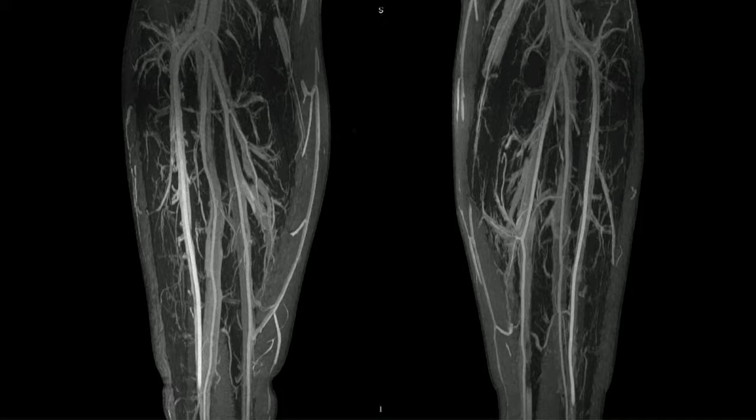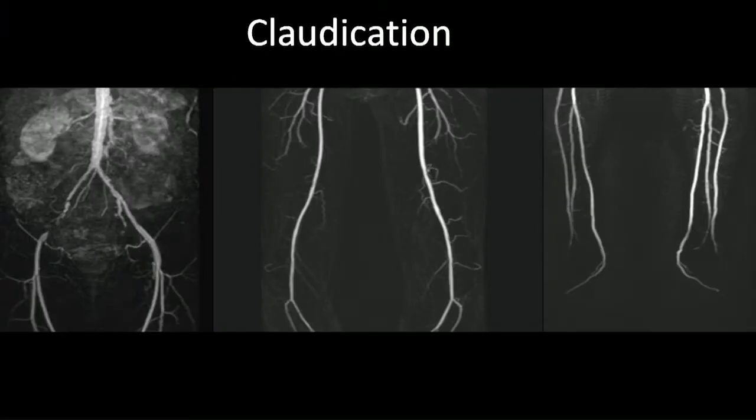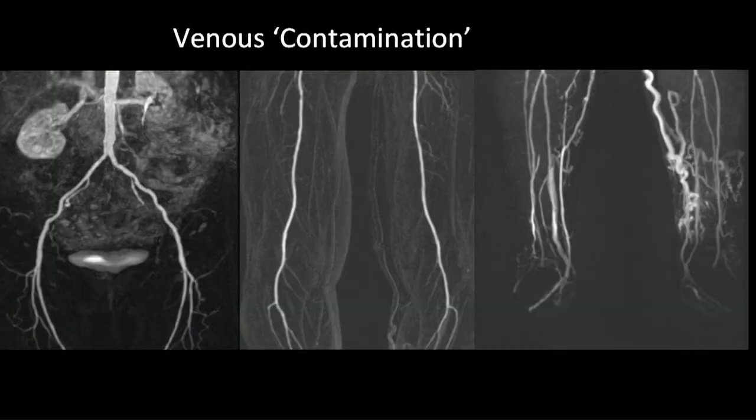This works very well in the vast majority of patients, particularly those with claudication. And you don't tend to get many issues with that. However, once people start to get tissue loss, ulceration, and infection sets in, you get a lot of venous overlay or venous contamination. This hugely limits your ability to accurately interpret the angiogram more distally.